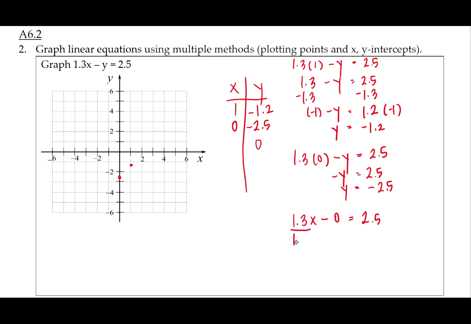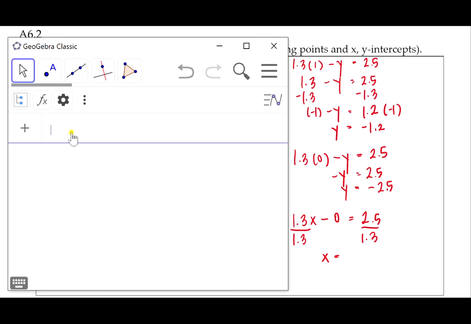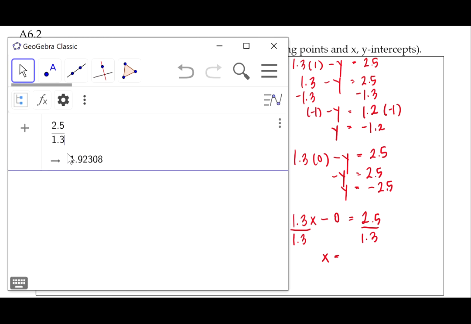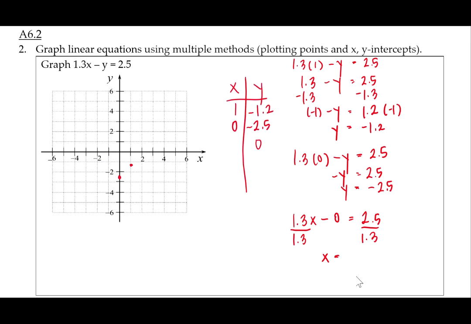And then I'll divide both sides by 1.3. And I get x equals, I'll do this in GeoGebra, 2.5 divided by 1.3 equals 1.923. Okay, so when y equals 0, x equals 1.923.